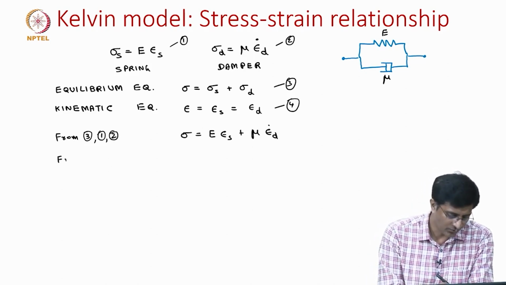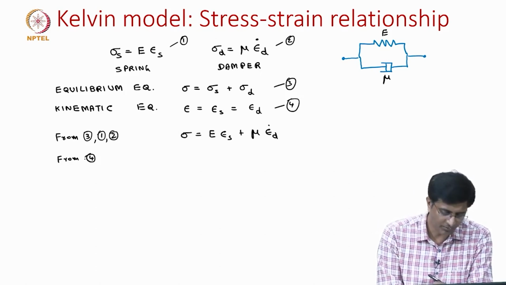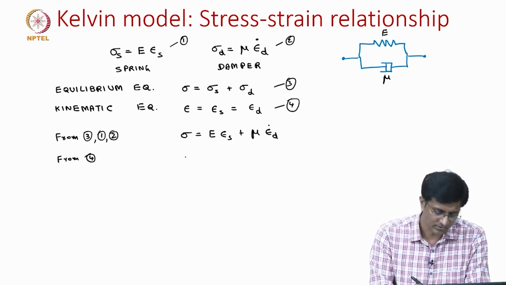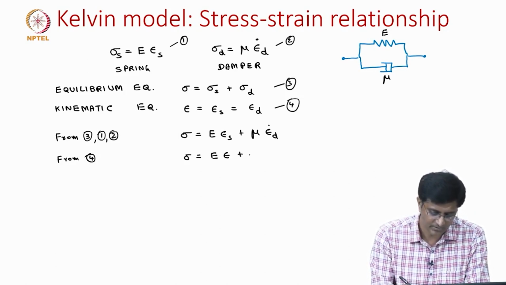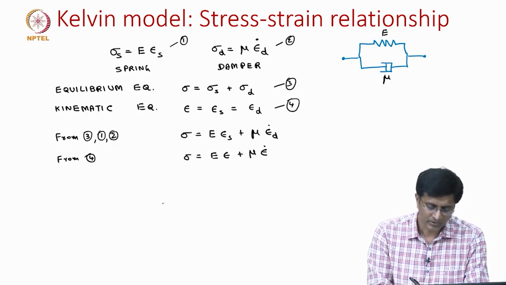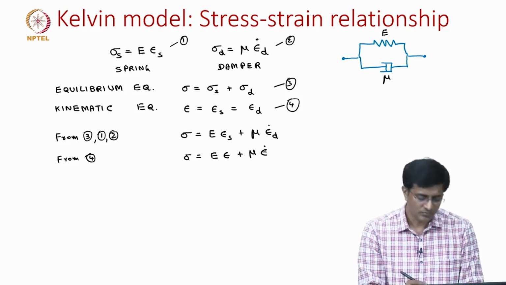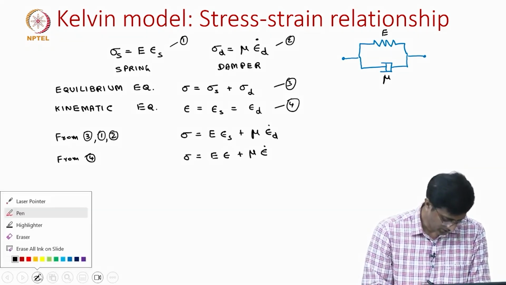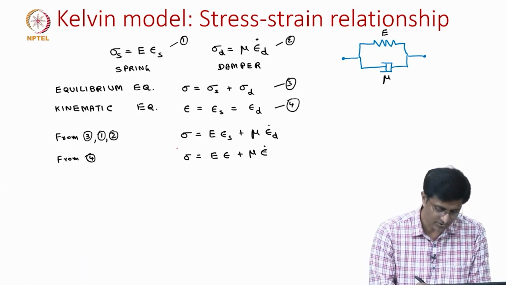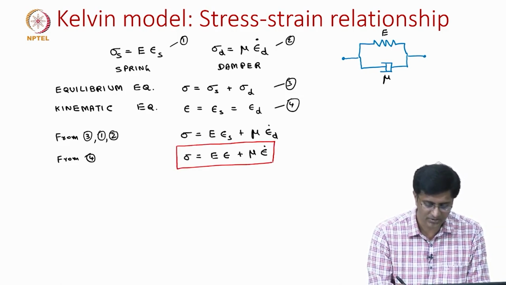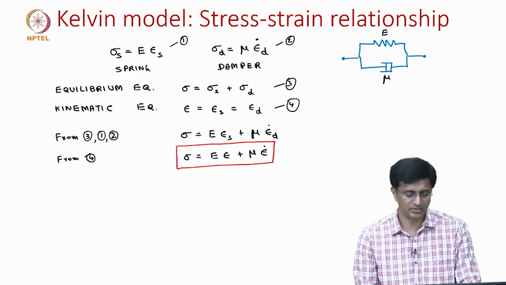Now, from equation 4 we can replace all these strains with the overall strain epsilon. Sigma is equal to E epsilon plus mu epsilon dot, and this also is in the standard form. We can take this as the final expression for the relation of stress and strain, because we have all the stresses on the left hand side and the strains on the right hand side.